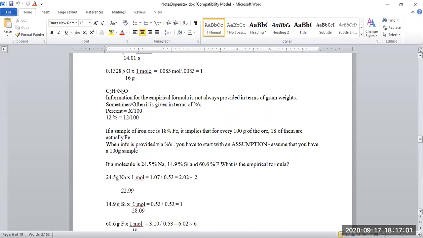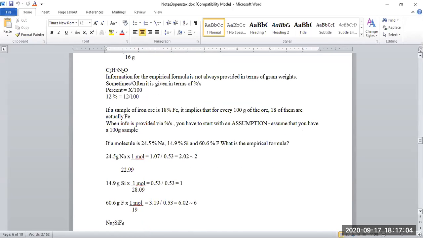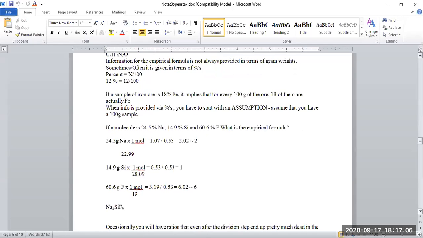One of the ways to deal with this, one of the traditional ways to deal with this, is if your information is given to you in percentages, you start with an assumption. You pretend you have 100 grams. Occasionally you'll run across problems where it tells you something like, oh, well, the sample was 11% carbon, but the sample itself was only 5 grams.